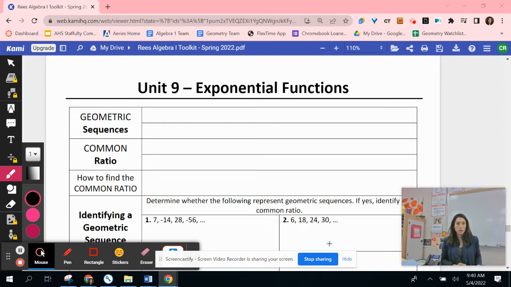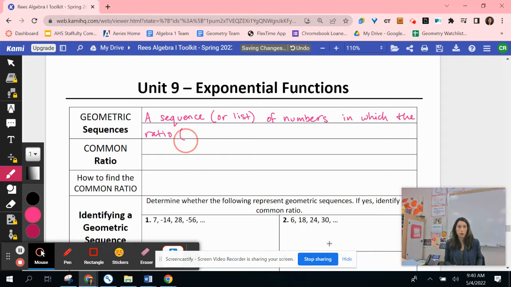So a geometric sequence is basically a list of numbers. We'll call it a sequence or list of numbers in which the ratio, and for ratio we use the variable r, remains constant.